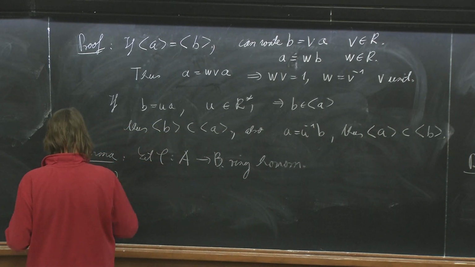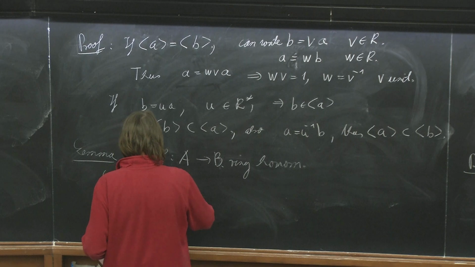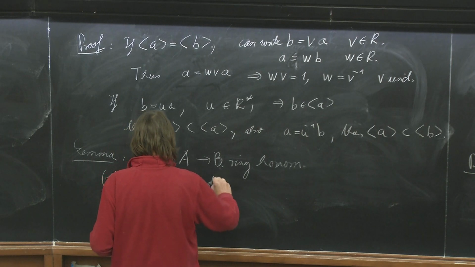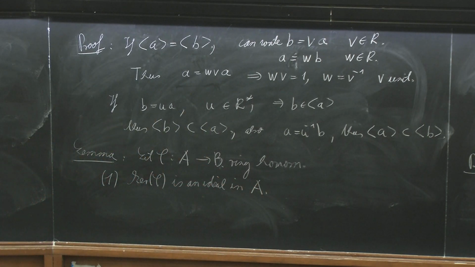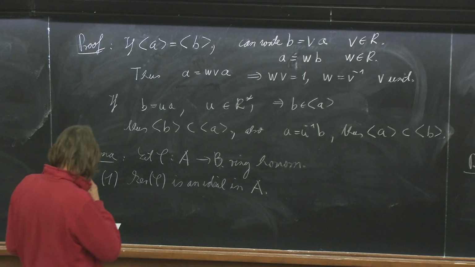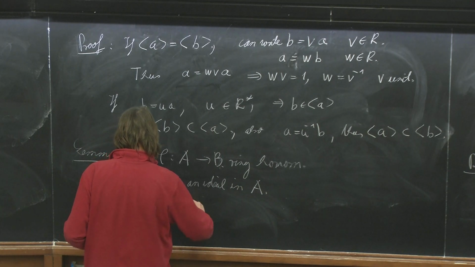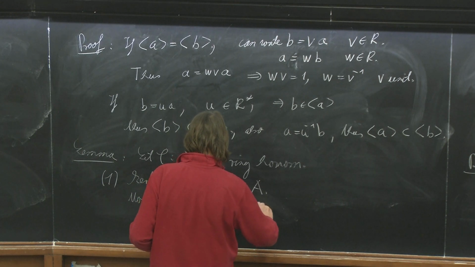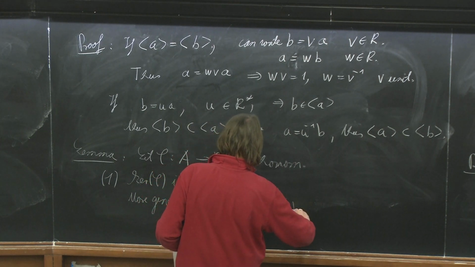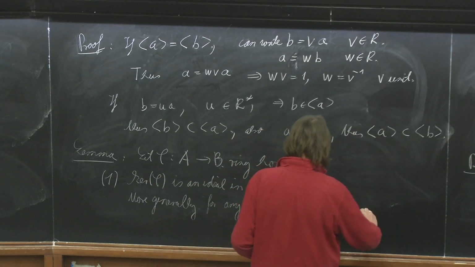Then the first statement is the kernel of phi is an ideal in A. Actually, we have a stronger statement. The inverse image of any ideal is an ideal. Generally, for any ideal I in B, we have that phi to the minus 1 of I is an ideal in A.